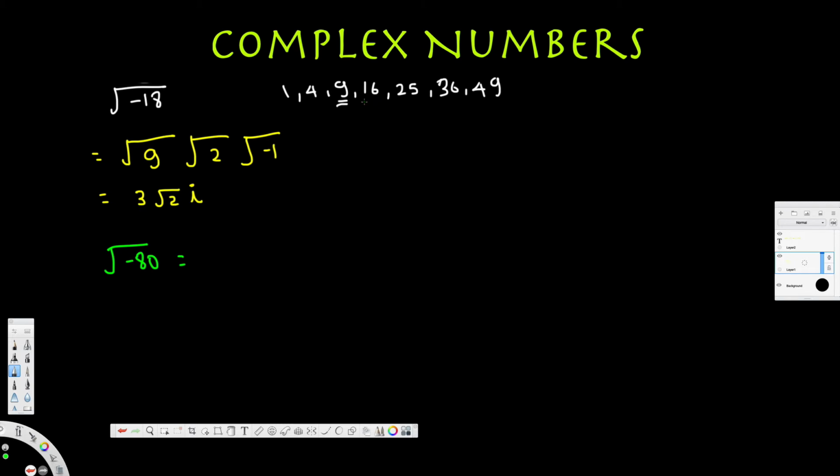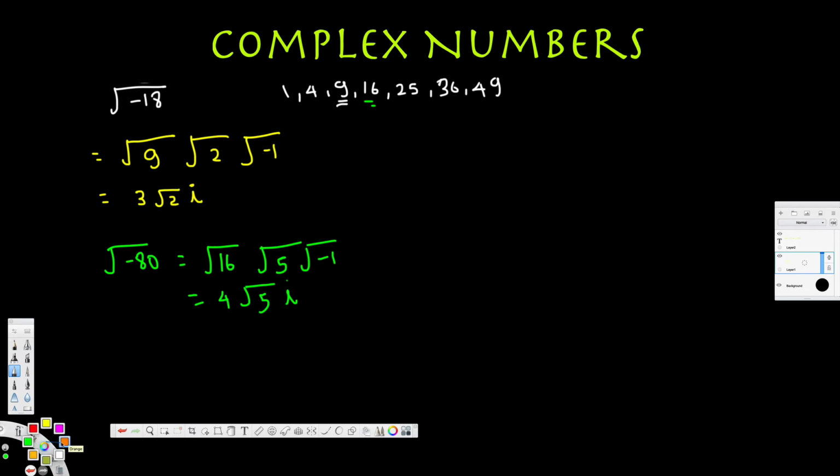So 16 is the largest number here, and 25 is too big, we cannot multiply it by anything to get 80. So 16 is the largest number that multiplied by another number gives 80. So what we do is take 16 times 5 and then negative 1. So we get 4 square root of 5, and the square root of negative 1 is i.